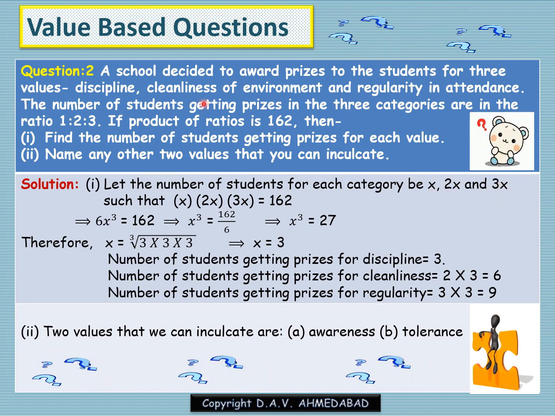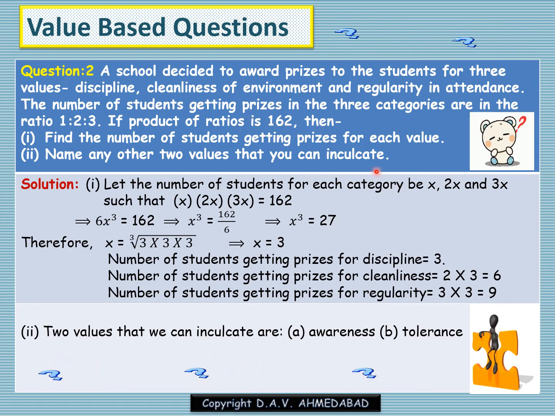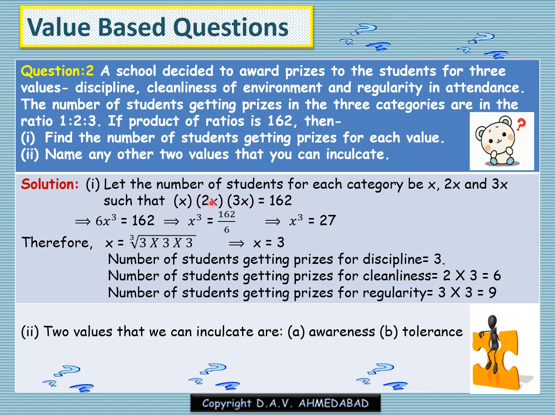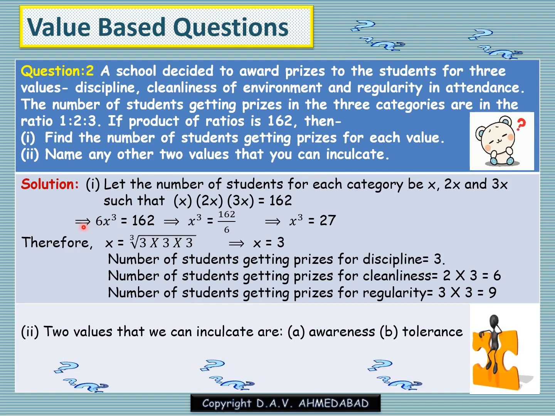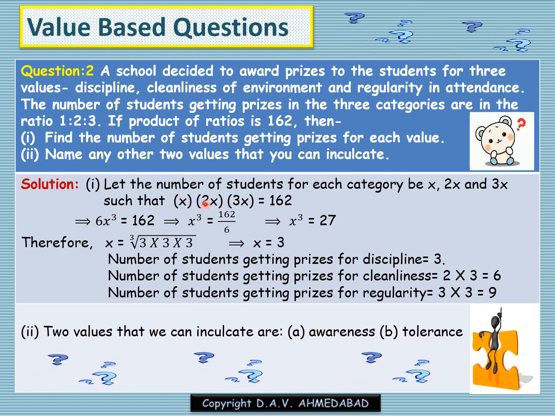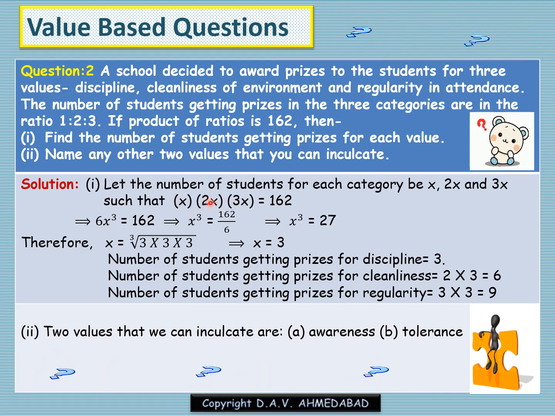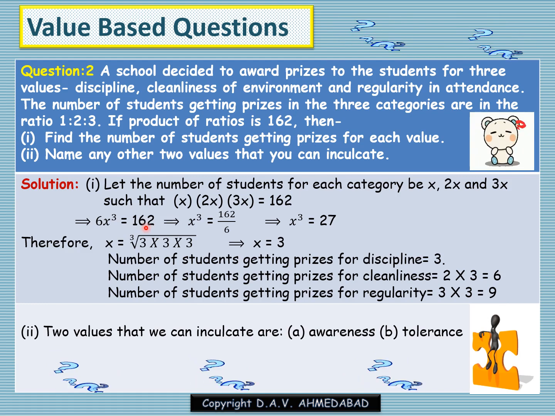And it is given the product of ratios is 162. So it means x into 2x into 3x equals 162 given in the question, right? Therefore 6x cube. Why 6x cube, children? Because 2 3s are 6 and x into x into x is x cube. So 6x cube is 162.